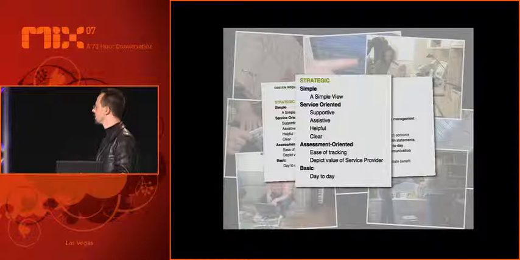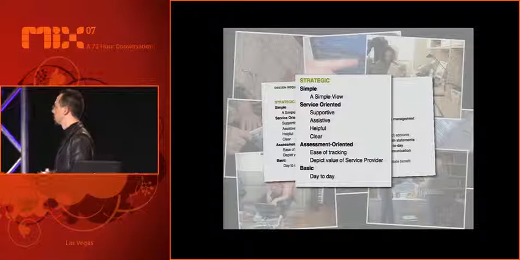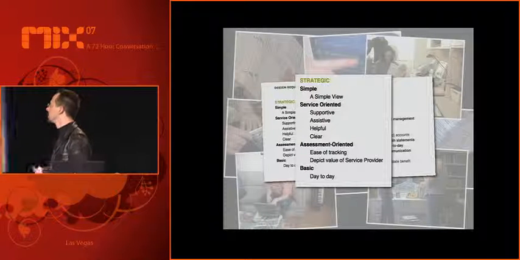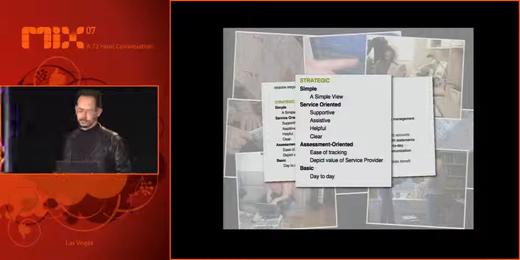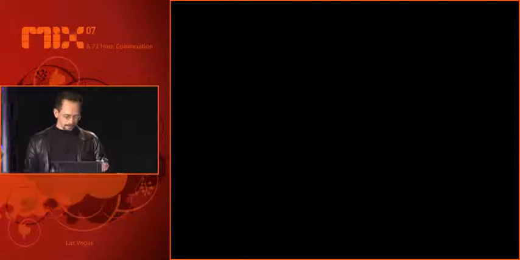And having arrived at this set of strategic design requirements, we used this throughout the design process. Simple, service-oriented, supportive, assistive, helpful, clear. These concepts were carried through.